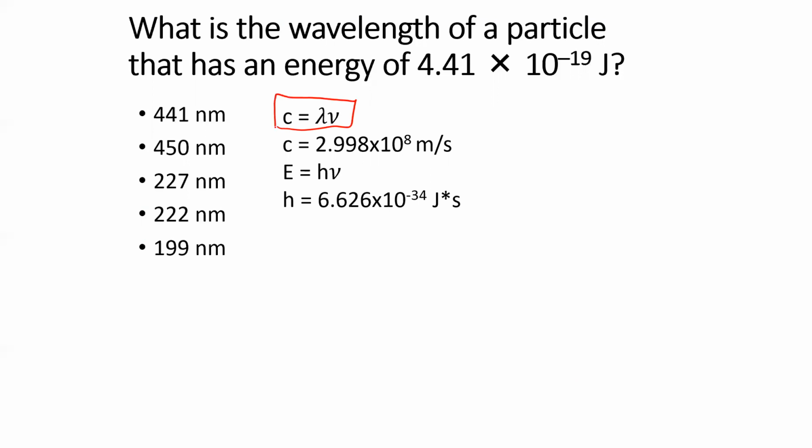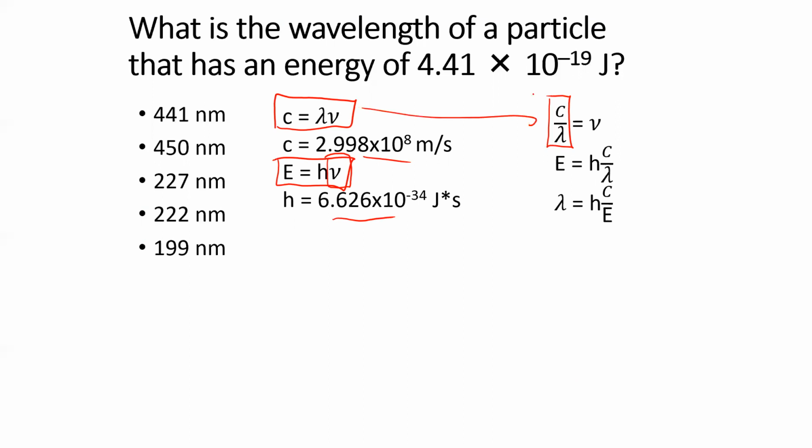One, the speed of light equals wavelength times frequency, and two, energy is equal to Planck's constant times frequency. And the two constants are the speed of light and Planck's constant. We can then substitute for frequency, as I said earlier, by rearranging this equation to speed of light divided by lambda.